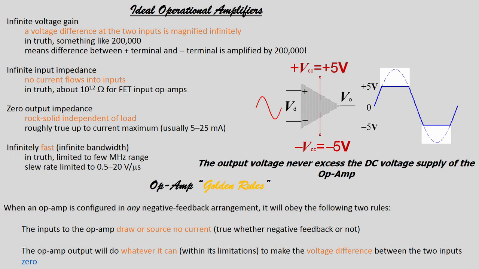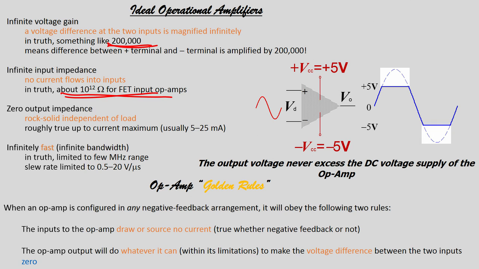Okay. So, what are those characteristics? Like I said, an ideal operational amplifier has infinite voltage gain, but in a practical operational amplifier it would be somewhere around this value. Input impedance is infinite. So, we understand what input impedance is, right, and we will see the input impedance of a practical op-amp is around 10 to the power 12 ohms.